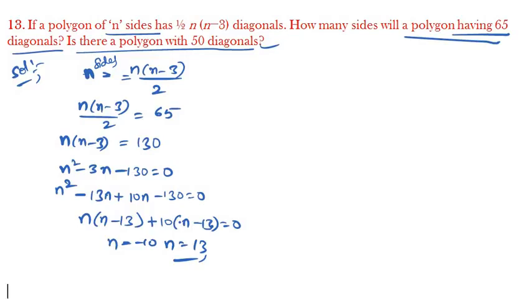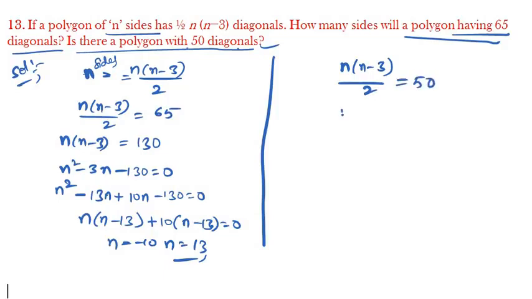We have to check whether there is any polygon with 50 diagonals. Same like this: n into n minus 3 divided by 2 is equal to 50. So n into n minus 3 is equal to 100, so n square minus 3n is equal to 100. So n square minus 3n minus 100 is equal to 0.